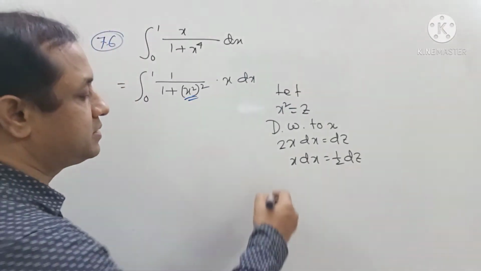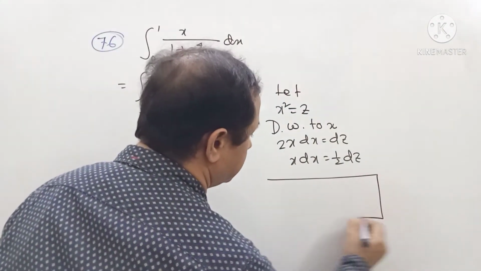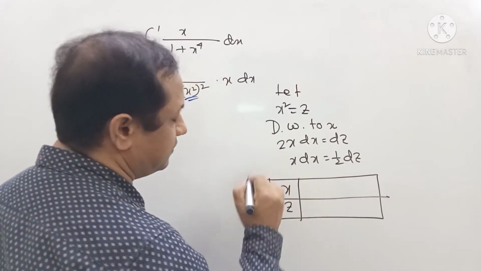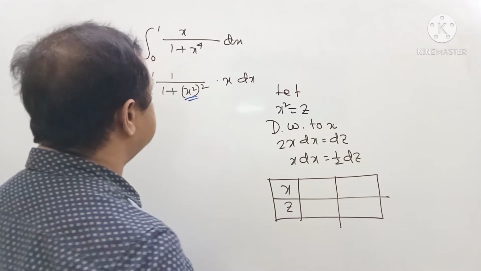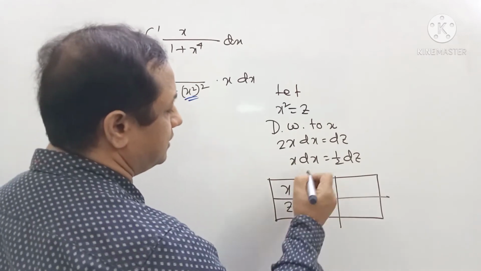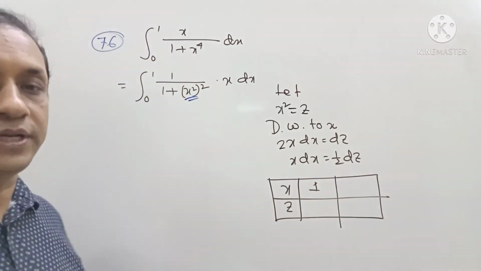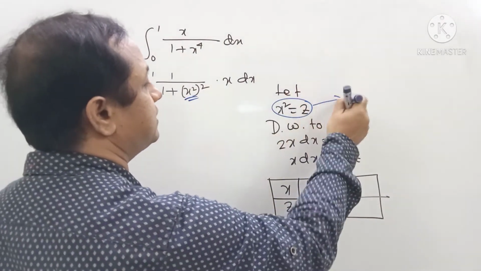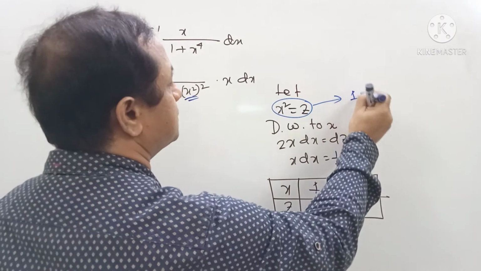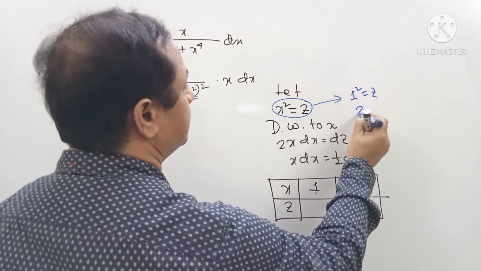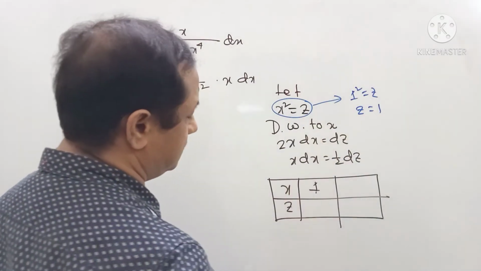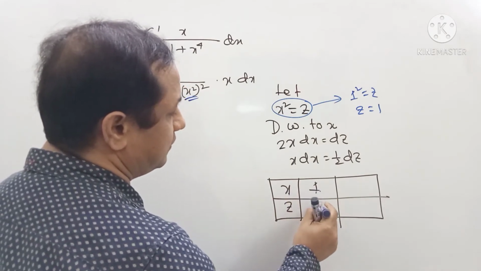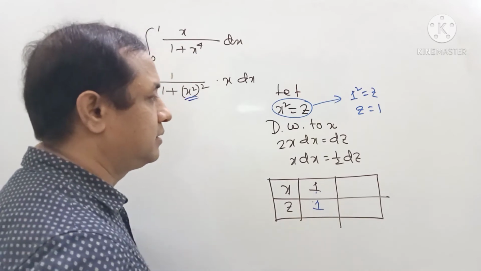Now change the limit. So student, attention please. Here we find the value of z. If x equals the upper limit 1, putting x equals 1 in this function, 1 square equals z, so the value of z equals 1.